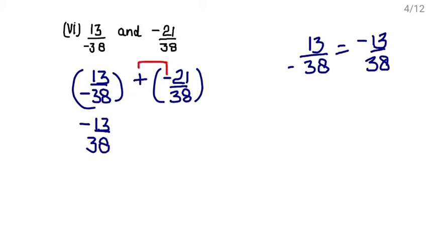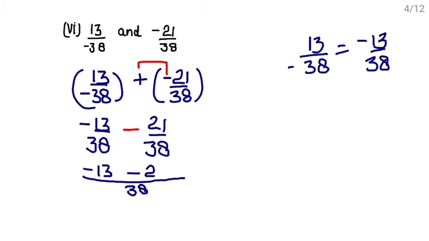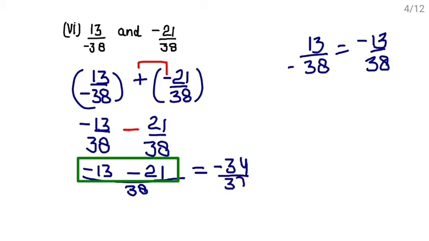Plus minus 21 upon 38. Denominators are same, so write the denominator once, 38. Write minus 13 minus 21. Clear? Both these numerators have the same sign, so add them. 13 plus 21 is 34. The sign will be of the greater numeral, which is minus, upon 38.